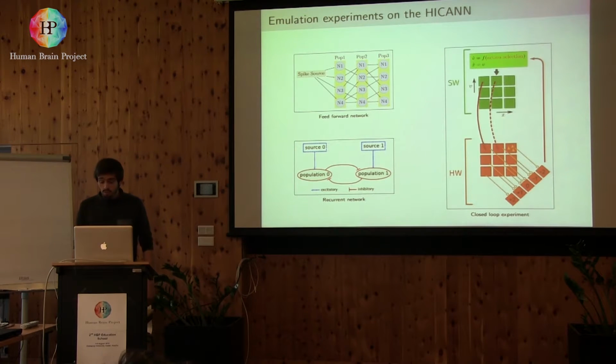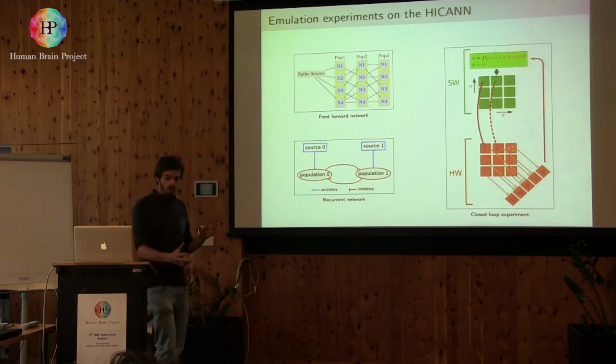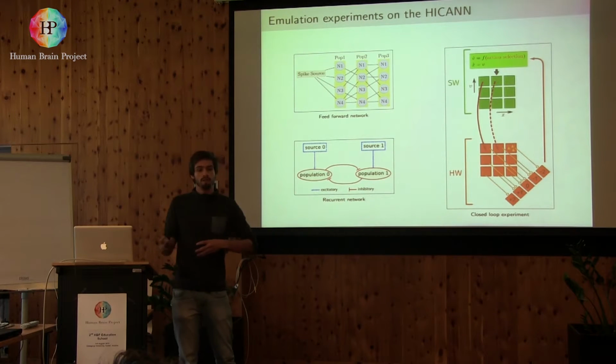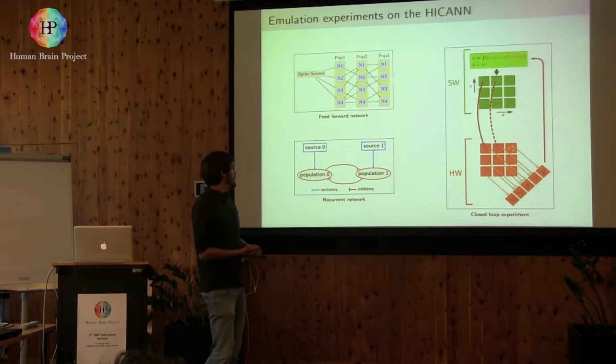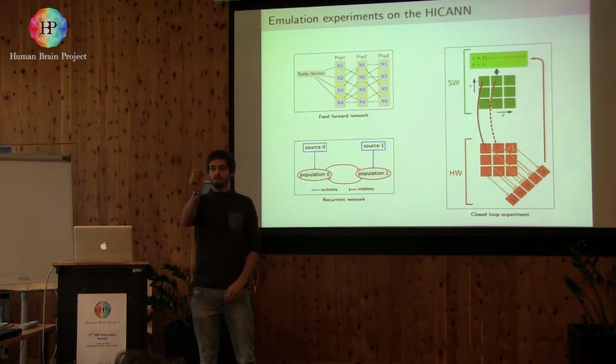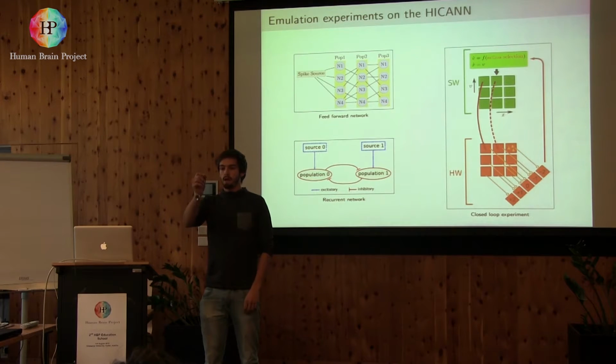Then there are closed loop experiments where you calculate some part on the hardware and some part on a conventional von Neumann computer. For example, this is a task where you follow a point in your receptive field.